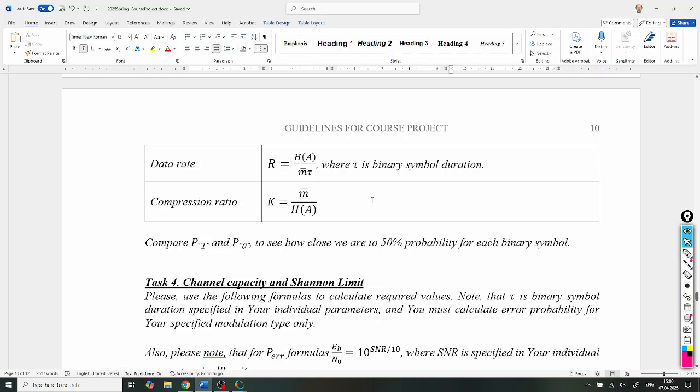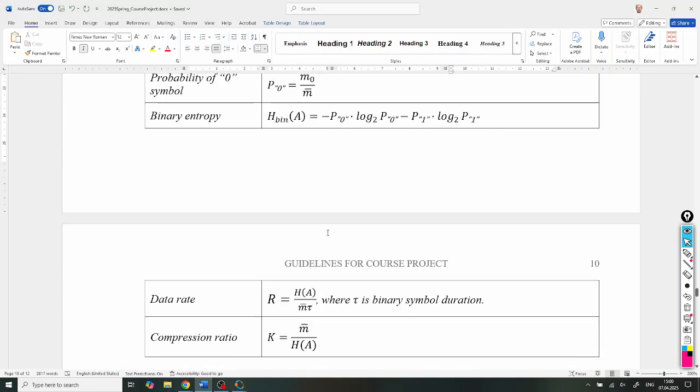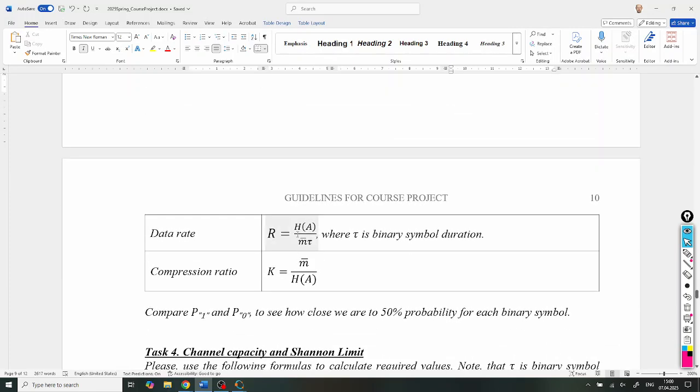This is non-destructive compression that maintains the original data. Destructive compression can achieve higher compression rates, but that comes at a cost. In our case, we speak about symbols, well, about alphabets, so we don't want to have any distortions there. So let's calculate these remaining parts, like data rate and the compression ratio.